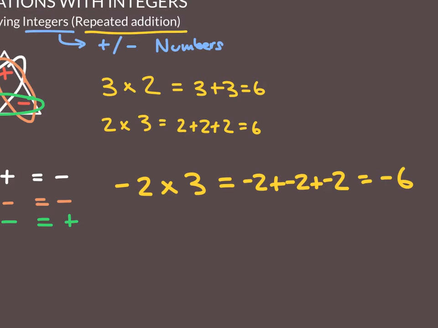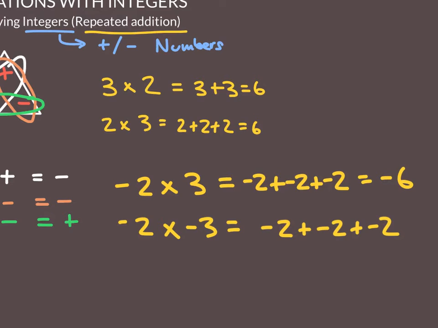Now let's come up with another option, and let's do the example of negative 2 times negative 3, okay? And you have to think about this in a different way, okay? If I use the same concept that I did up here, negative 2 plus negative 2 plus negative 2, let me just write that down. I've got negative 2 plus negative 2 plus negative 2.